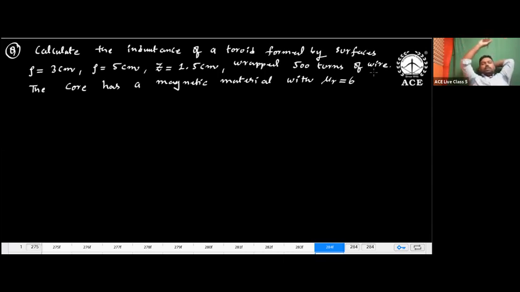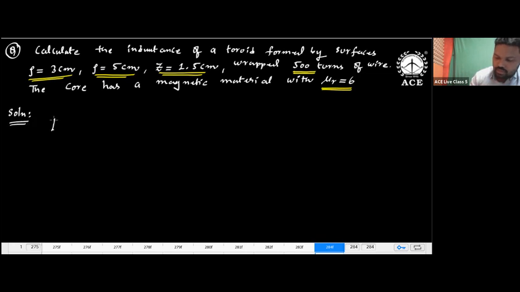Direct substitution kind of question. Okay. Calculate the inductance of the toroid formed by the surfaces. So here it is a, here it is b, here it is a length, wrapped with 500 turns of wire, with the core having a magnetic material mu r is equal to 6. So what is the inductance formula of the toroid? Direct formula based question.